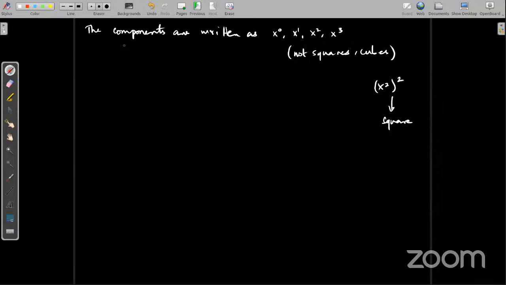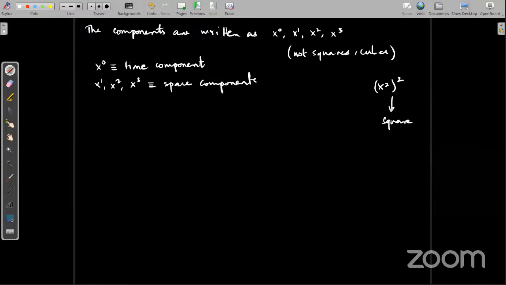From our previous convention, we define x0 to be the time component, and x1, x2, x3 are the space components. This is all a precursor to understand how relativistic mechanics actually takes place. So let's just go ahead.